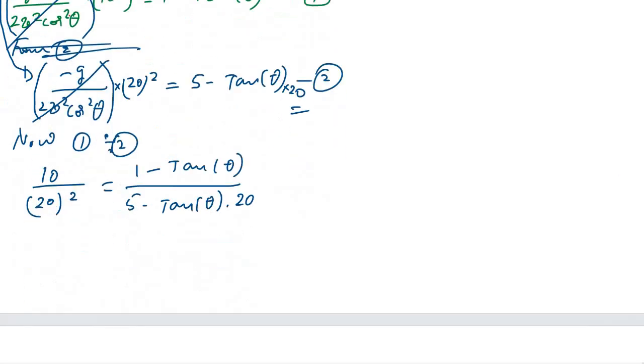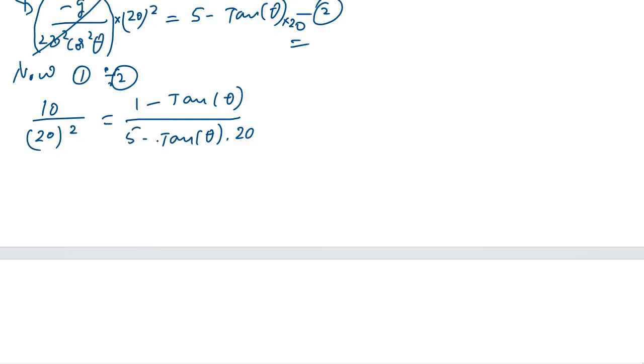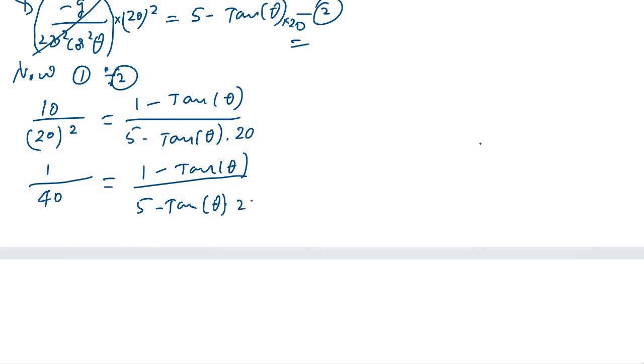So observing these things correctly, what I can do now is 1 divided by how much? It is 400, and 1 times 10, so it cancelled. It is 1 by 40. So 1 minus tan theta divided by 5 minus tan theta times 20.